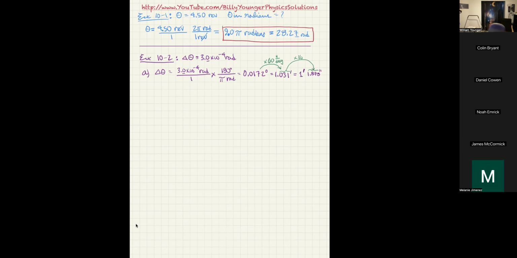Why do I keep writing 16? Am I just hearing myself and thinking it says 16? I don't know. All right, let me fix this a little bit. So that's an arc minute per degree, and this is times 60 arc seconds per minute. So that's how I got that. Just wanted to make sure everybody knew how I did it.